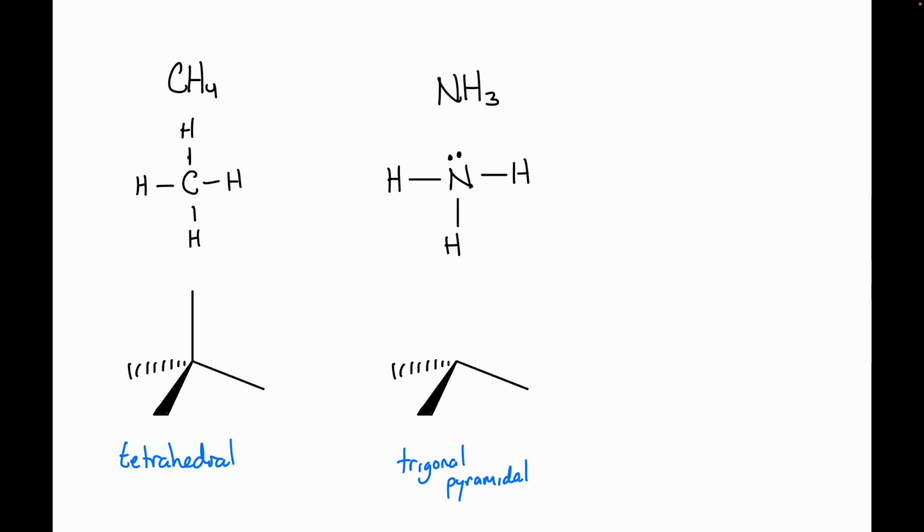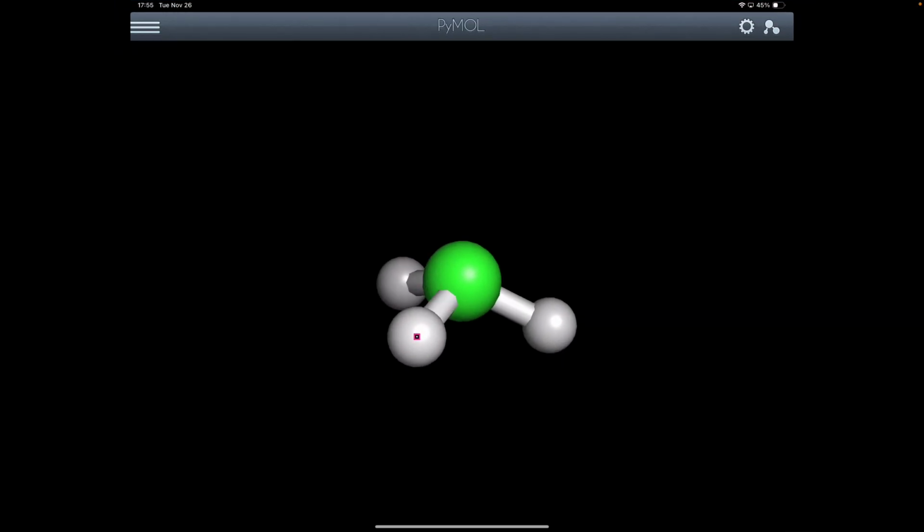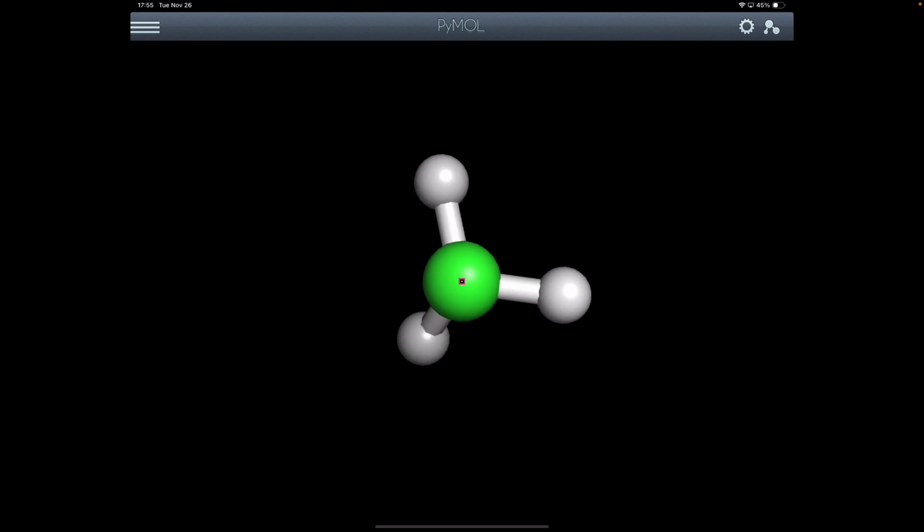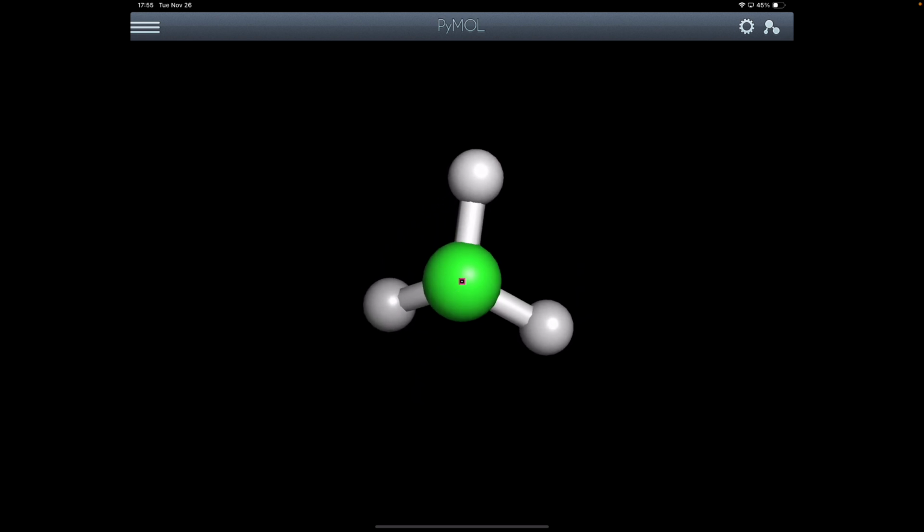Now, to be clear, it wouldn't matter which one of those bonds. They are all equally spaced apart. It wouldn't matter which one you got rid of. But if you leave it looking like this, it looks a little bit more, at least to me, like a triangle-based pyramid, which is what the name of that geometry is. I could turn this thing on its side, and it doesn't change the geometry. It would change the way that we drew it.